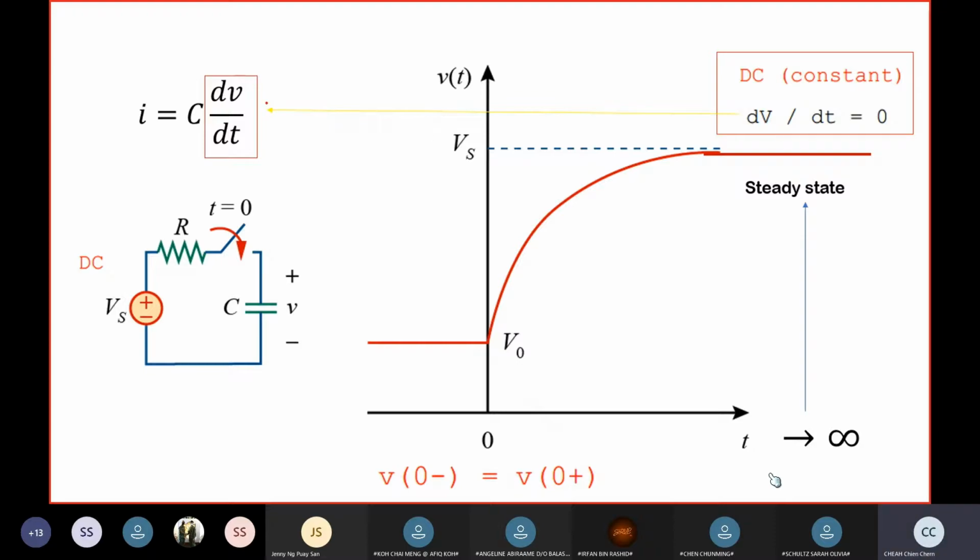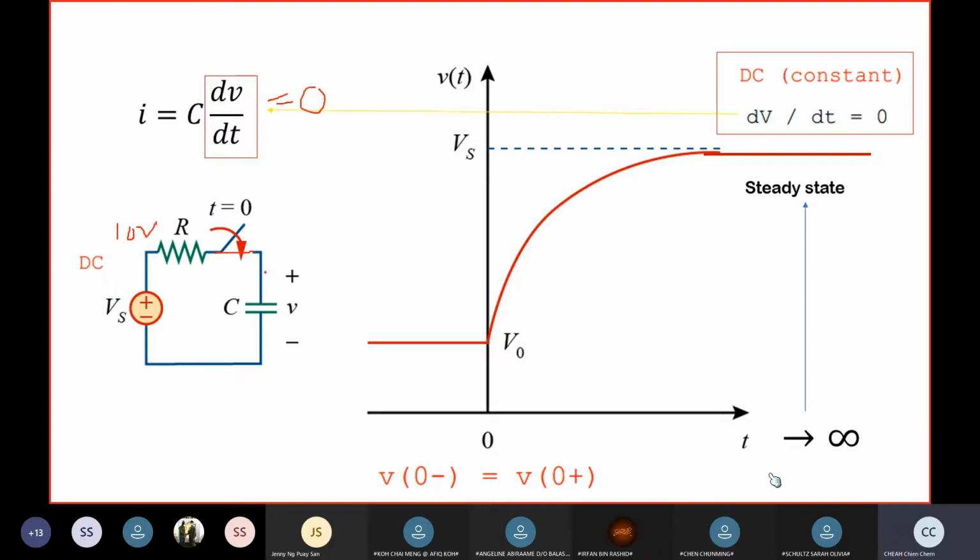If you switch on your power to charge up your battery, when it is fully charged up, no current will flow into the battery anymore, correct? You can view it this way. Initially, maybe the source is 10 volts, and if you charge from 20%, the capacitor will be at 2 volts.